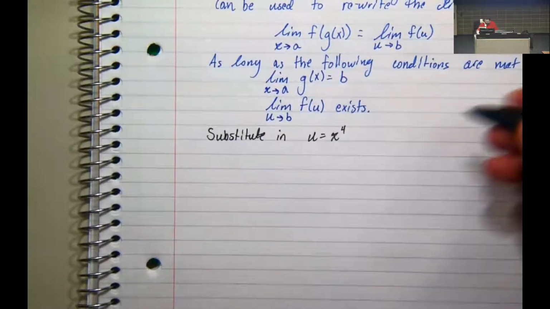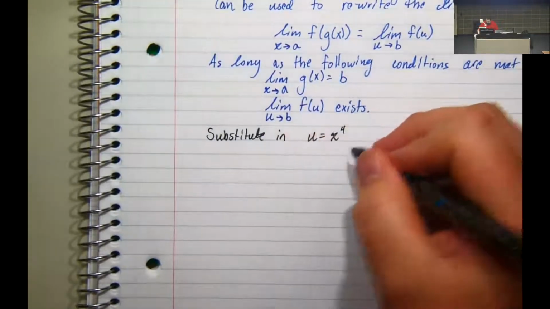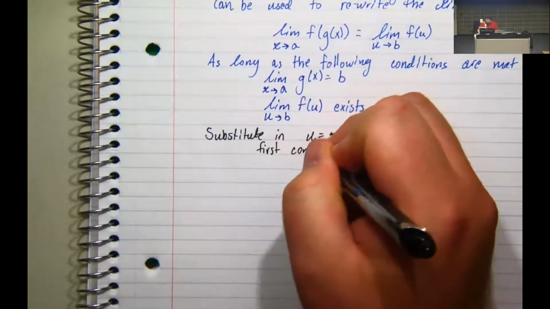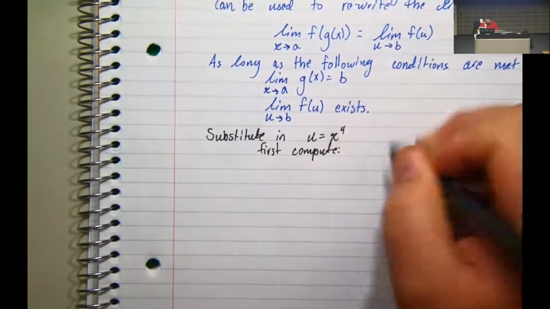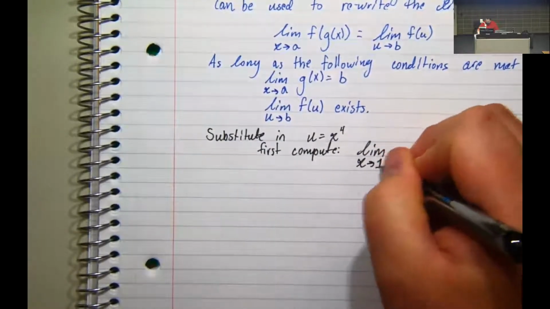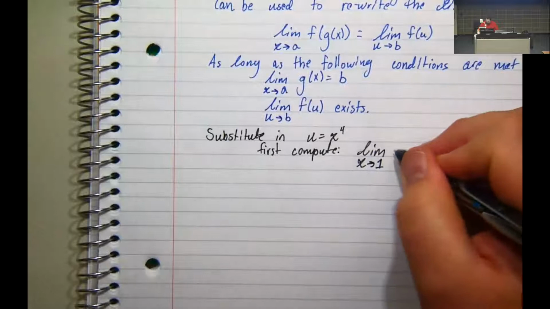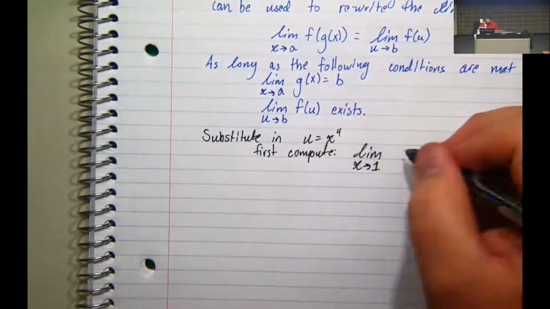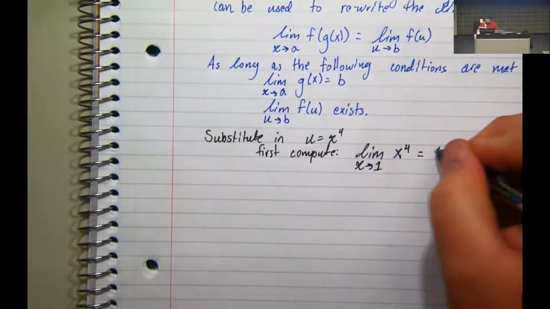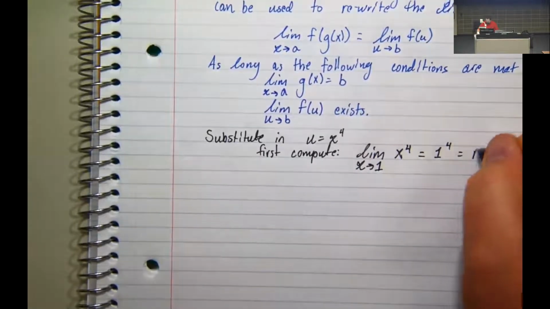So first compute limit as x goes to 1 of g at x, which is x to the power of 4, which is just 1 to the power of 4, which is 1.